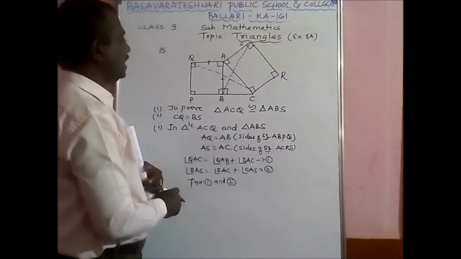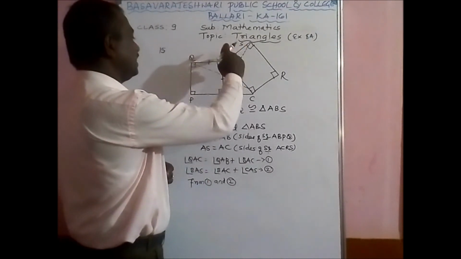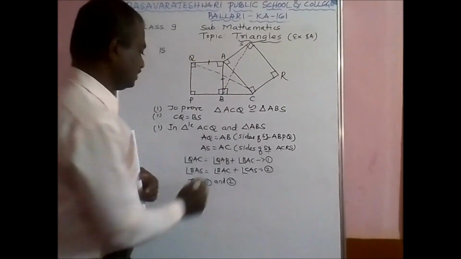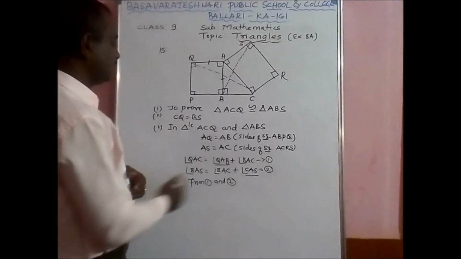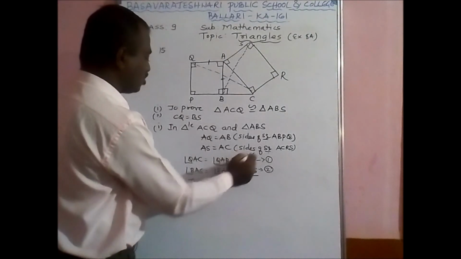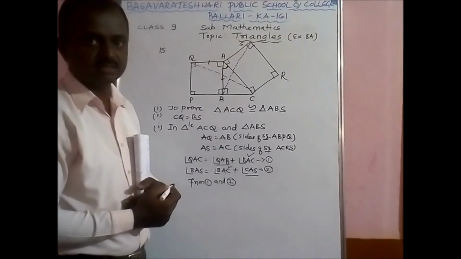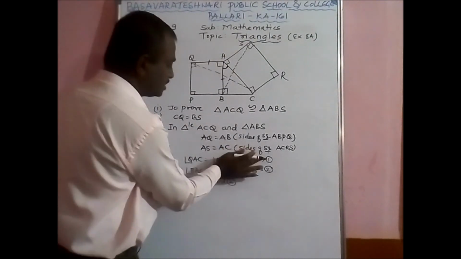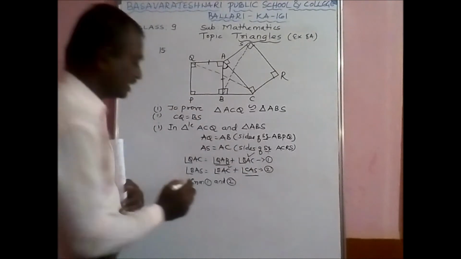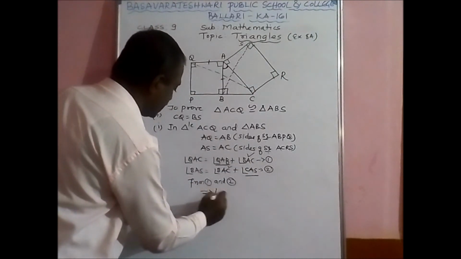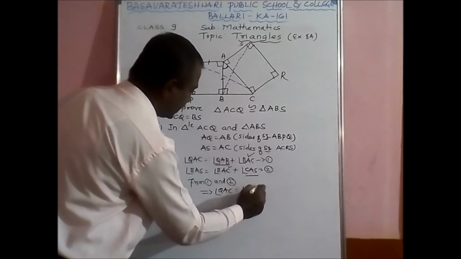Angle QAB and angle SAC, these two angles are equal, 90 degrees. Next, angle BAC and angle BAC is a common angle for both the triangles. Therefore, the RHS are equal. Since the RHS are equal, the LHS are also equal. This implies angle QAC is equal to angle BAS.